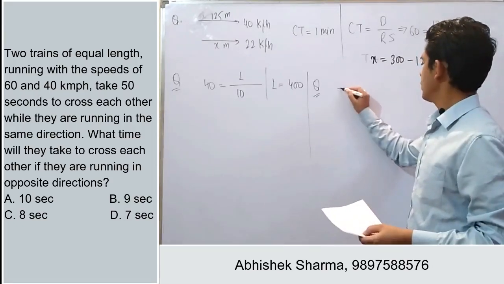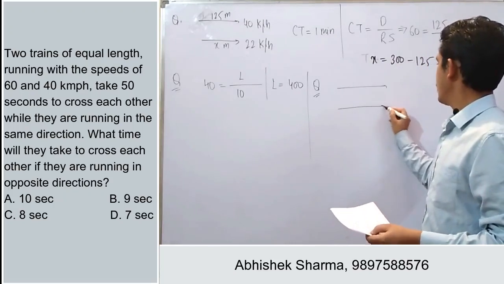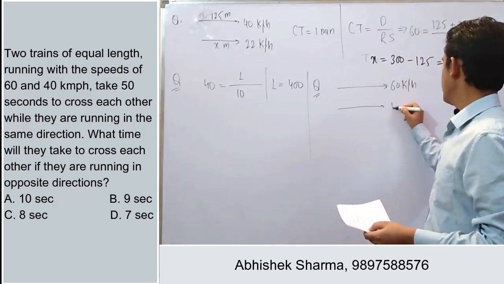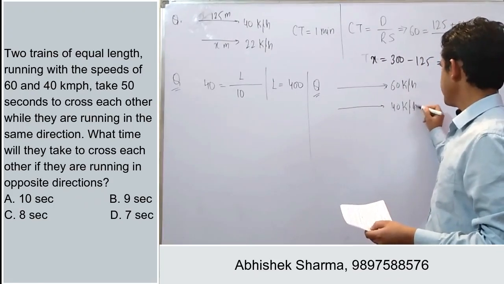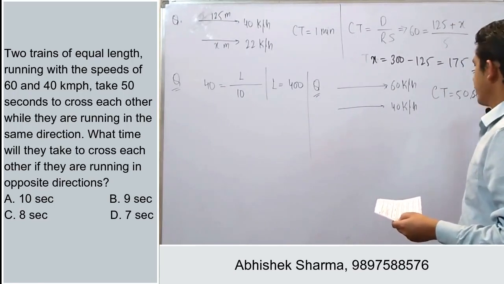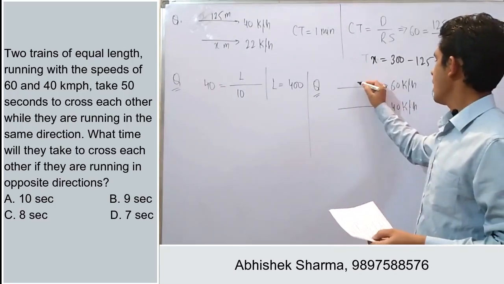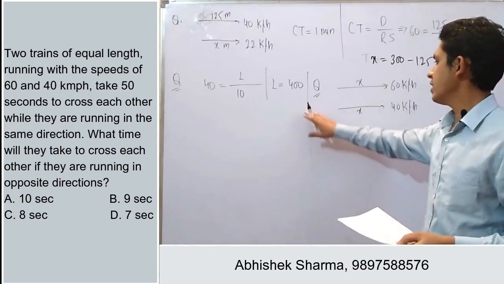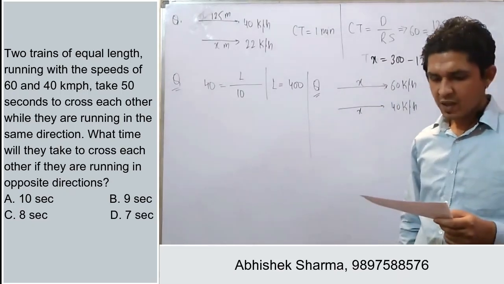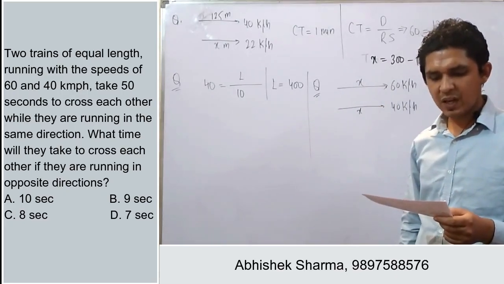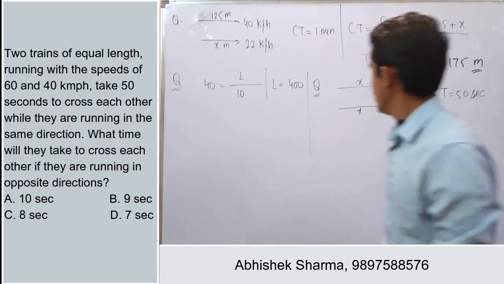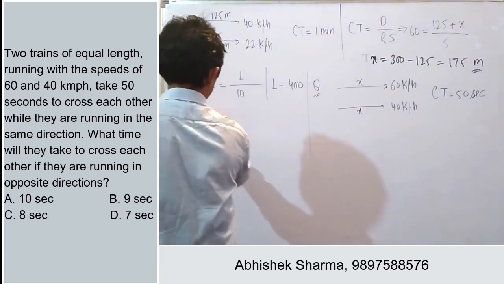And one more thing is given, that the length of both the trains is equal, right? And what is asked, what will be the time taken to cross each other when they are traveling in the opposite direction? Okay, now the question will be done.